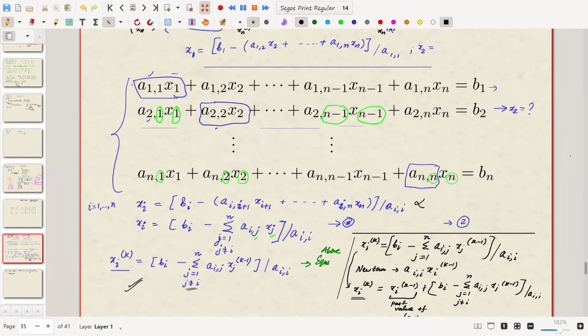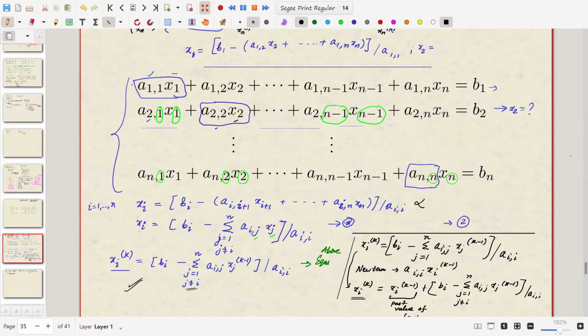So that is the first unknown. Now we go to the second unknown. When you are solving the second unknown, you are using all of this, right? All of these other variables. When you are solving for x2 at the kth iteration, you are using the past iteration of all these variables: x2, x3, x4, x5, and so on.